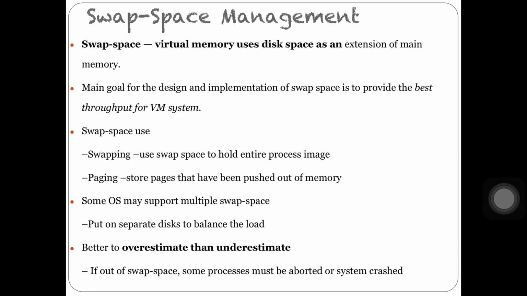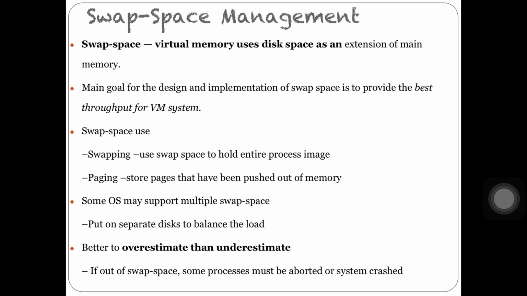The main goal for the design and implementation of swap space is to provide the best throughput for the virtual memory system. Now we will see swap space usage and its location, with one example.